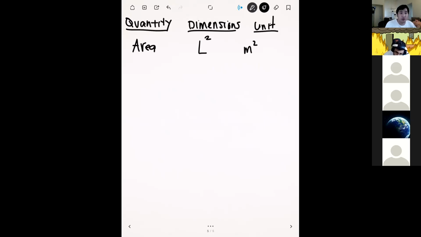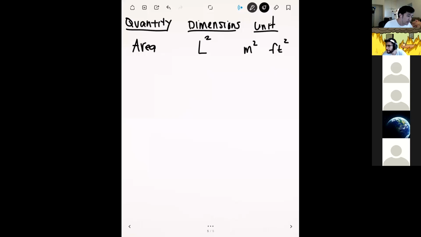So that might be one that you've used quite often, but say if we want to do an example in the imperial system, we would have like feet squared. Okay? That works as well. So both of those are valid units, but when you're doing complex problems, you want to make sure that everything's in the same units. But both of those are valid units because they follow the same dimensions of this quantity, right?